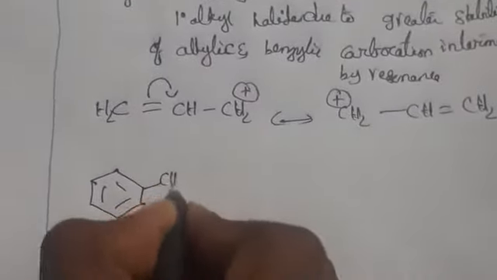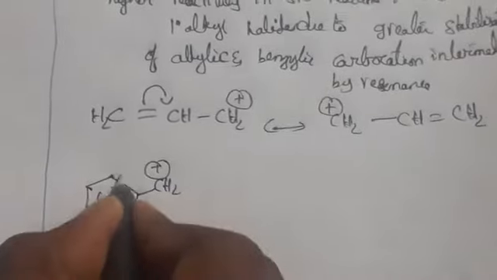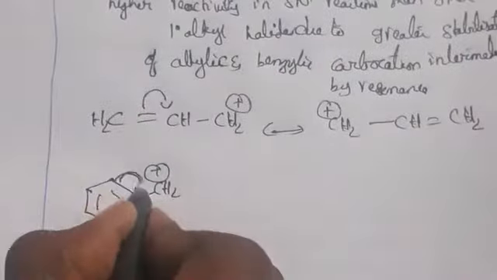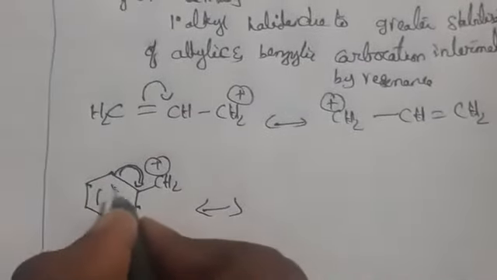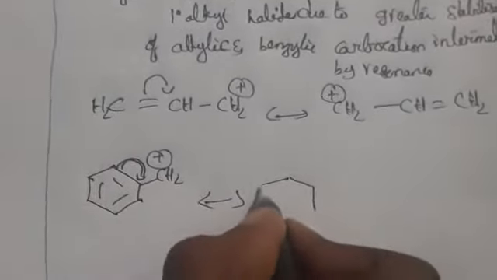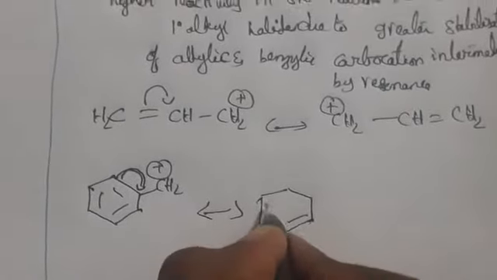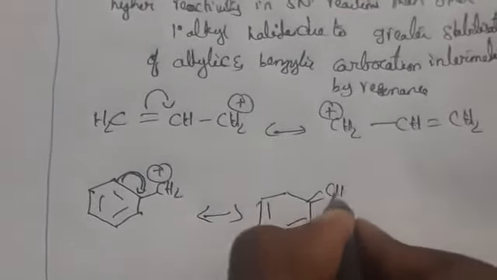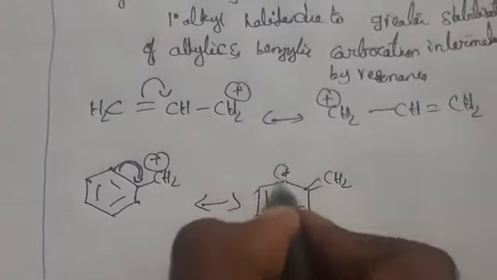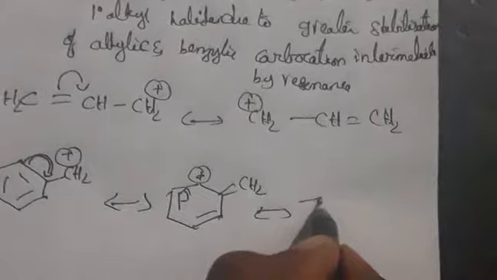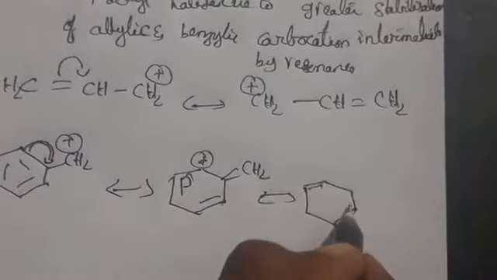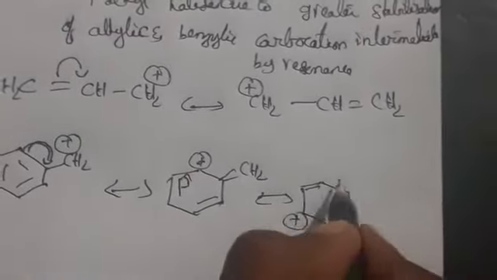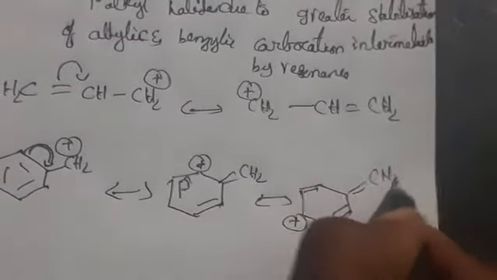Coming to benzylic, if you have taken, this is the structure, here CH2+. So when you turn the bond here, what is going to happen here? This bond is forming as a double bond. So here double bond CH2. Okay, here plus charge. If you turn the bond here, what you are getting? The resonance structure will be written with a double-headed arrow. That's why I'm writing the double-headed arrow. So this bond is going to come here. So here plus charge, again here double bond CH2.